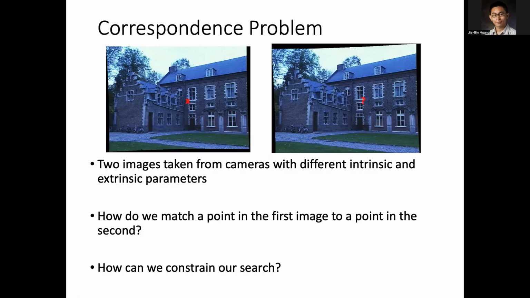Any others? How do you solve the correspondence problem? So we talked about two: features and template matching. I think there's a third one. How could you solve this? Any idea?